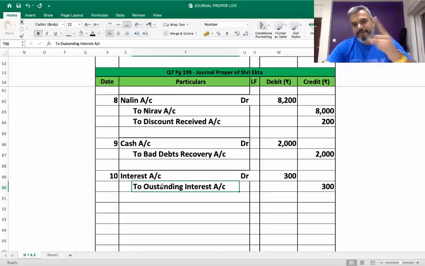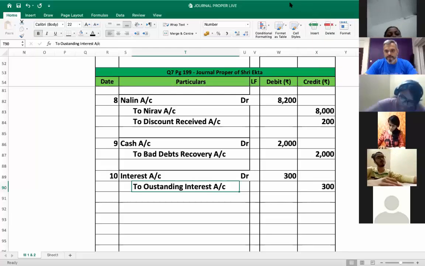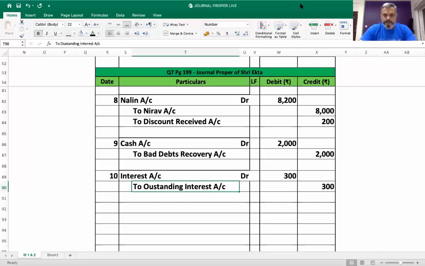Hence it is a representative personal account. What we learned when we did types of accounts. So expense is incurred but not yet paid, so it is our outstanding. We have to pay this in future. Got it, all of you? Understood this? Okay. Do the total.